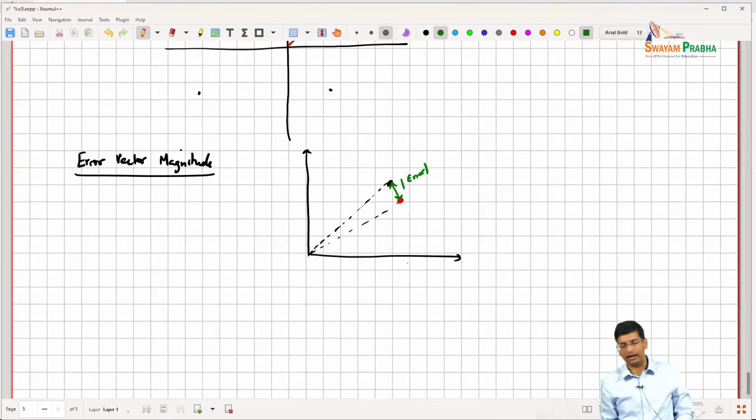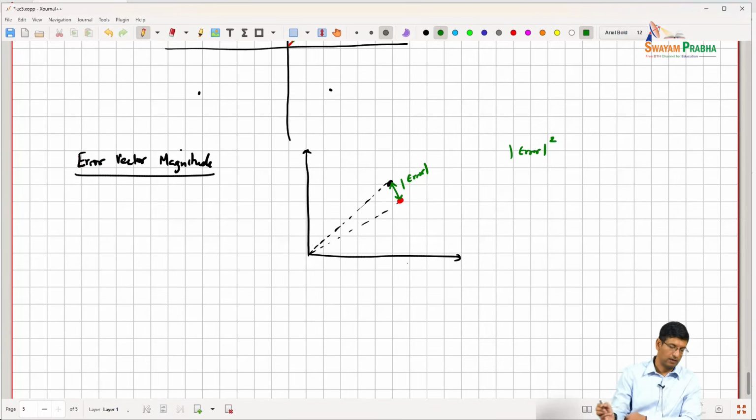Right, and normalize that, so the magnitude of the error. Rather, I guess we are trying to sum over the normalized error squared. Let's say that this vector length is P1.